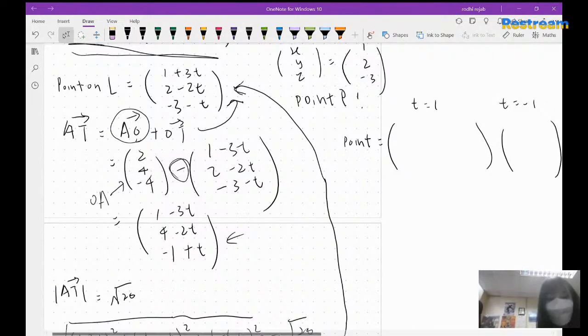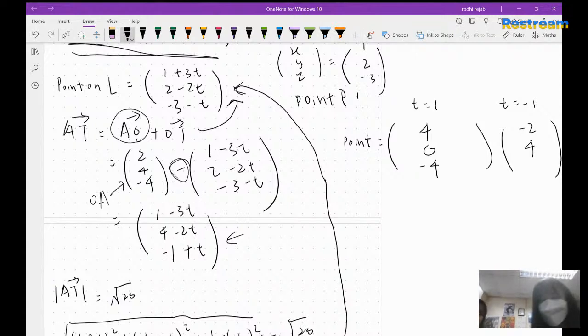So 1 plus 3 equals to 4, -4, -2, 4, minus 3 minus 1, -2. Okay, so you will get 2 points, which is 4, -4 and 4, -2. That's it.